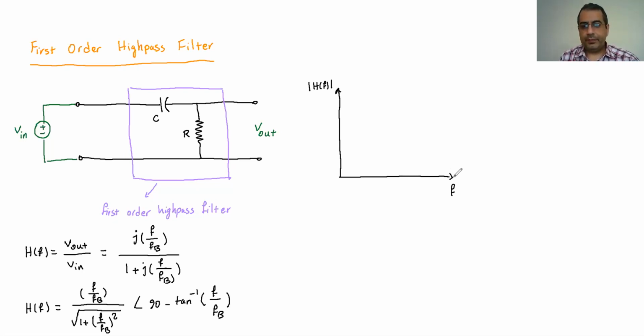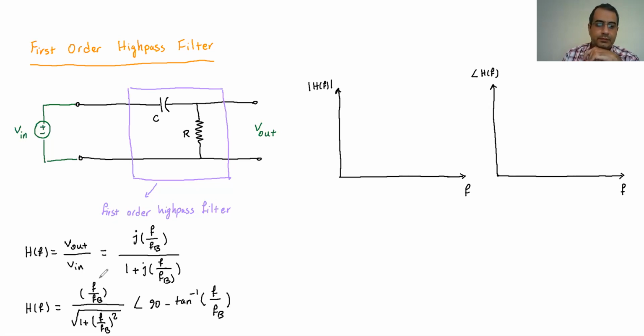And then I draw also the angle, the phase as well. The second one is going to be the phase of the HF.